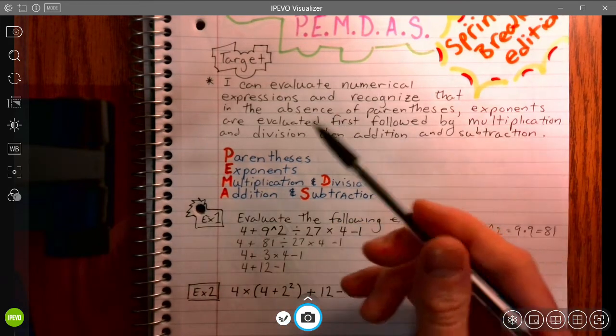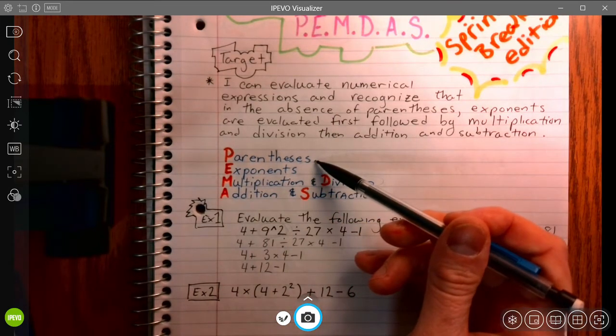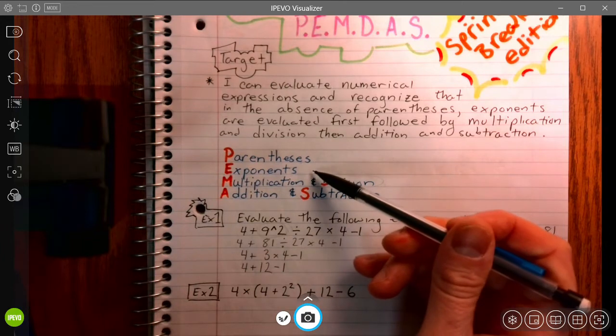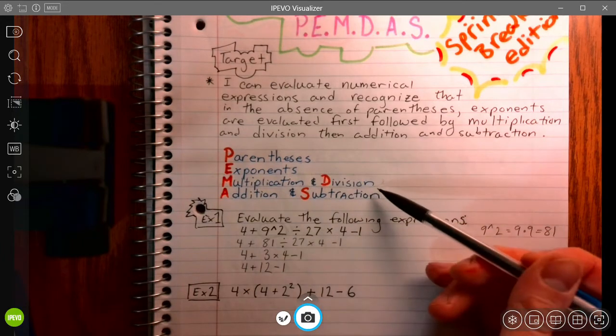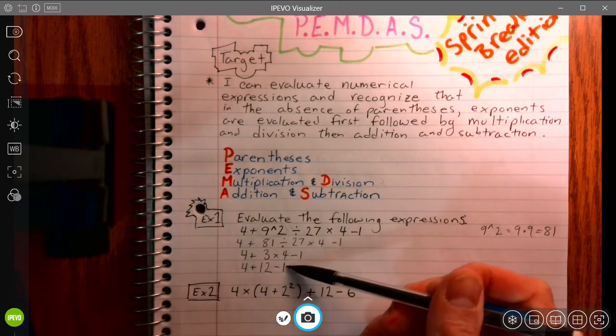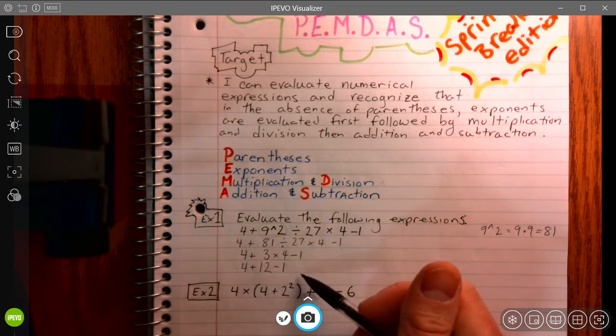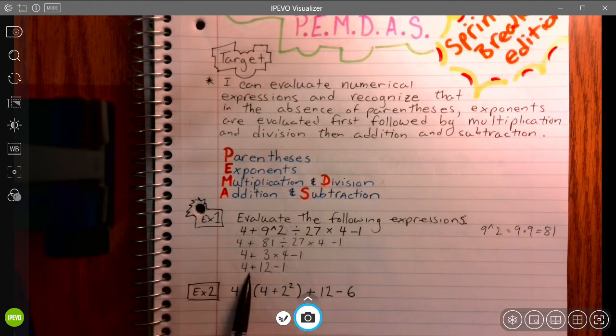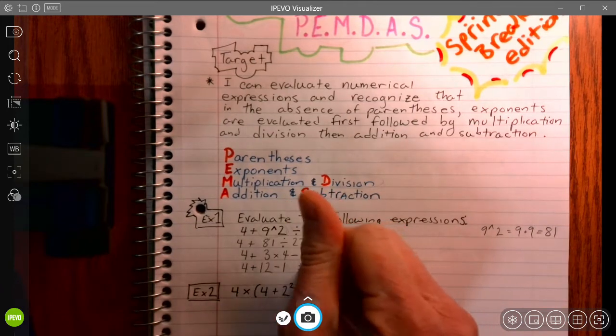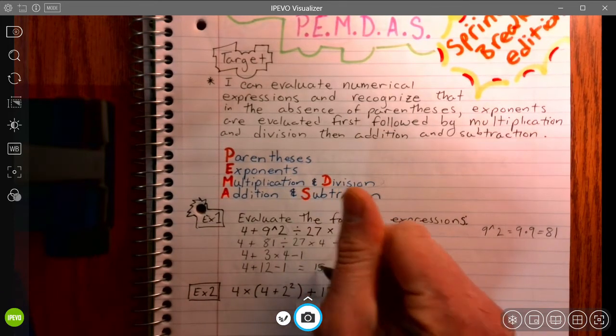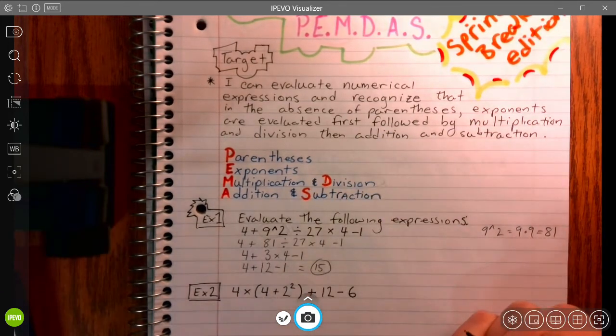Let's do it again. Are there parentheses? No. Are there exponents? No. Is there multiplication and division? Not anymore. Is there addition and subtraction? Sure is. 4 plus 12 is 16. 16 minus 1 is 15. And we're done.